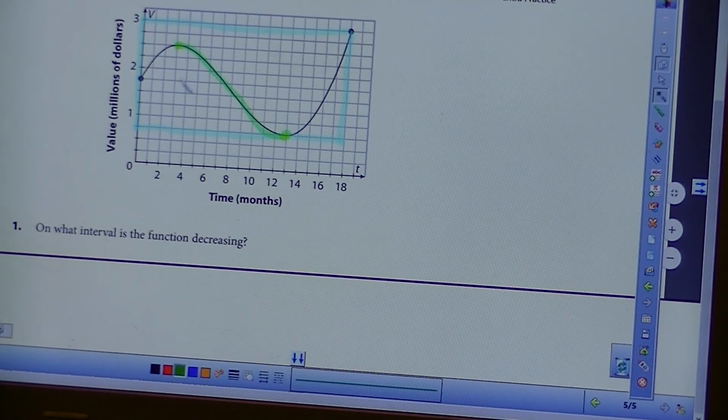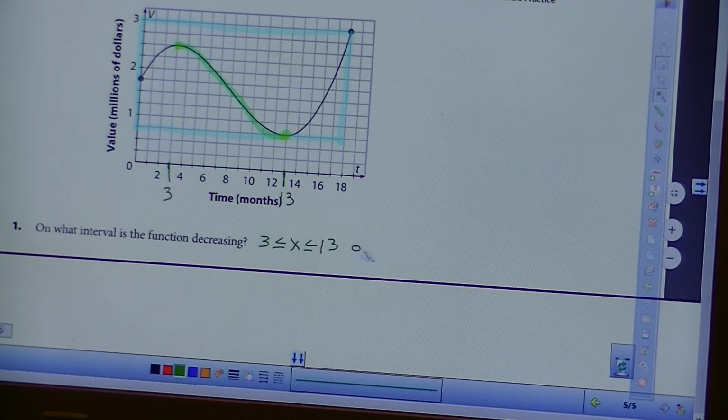So if it's decreasing from what? This spot here, and then up to this spot here. So you can write that as 3 less than or equal to x less than or equal to 13.